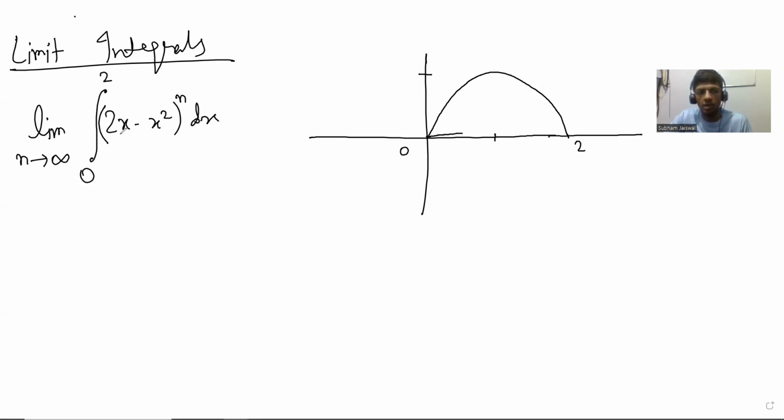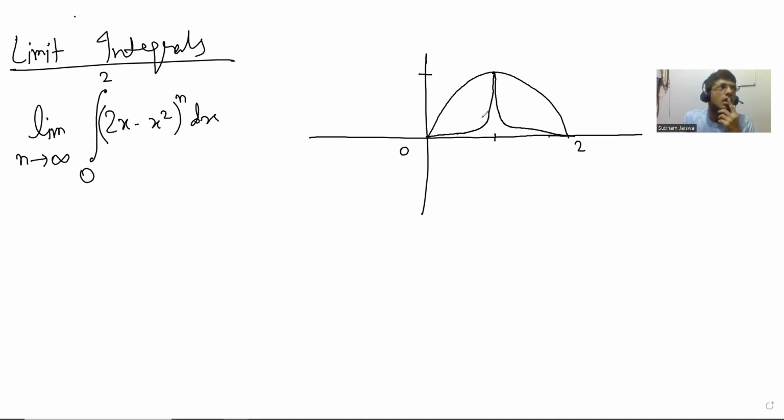Because for example, 2x minus x square, when you put x equal to 1 by 3, the value is something less than 1, right? So when that gets powered, that really decreases. But then there is a twist to it. It decreases, but at x equal to 1, it always remains 1, right? So the graph will always look like this, and it will keep coming down.